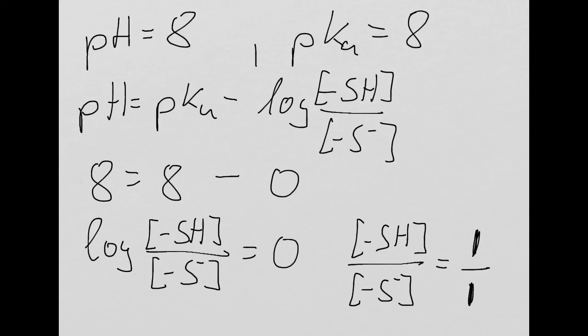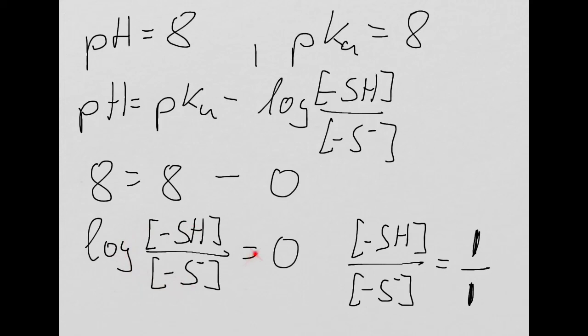Okay. We do exactly the same thing. pH, that is 8. pKa is 8. So log of acid over base is 0. Yeah?